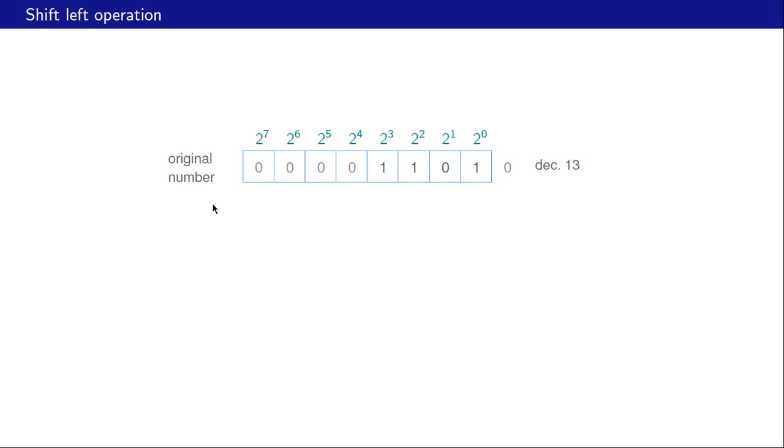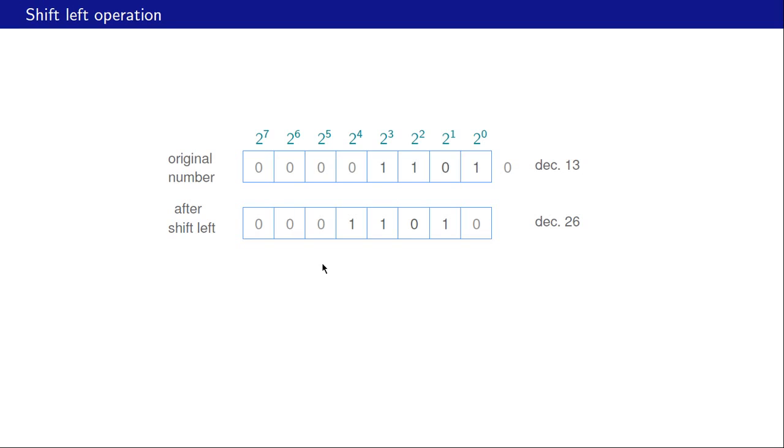Let us consider a binary number 1101 here, and see what happens to it when we perform a shift left operation. This number is 1 plus 4 plus 8, that is decimal 13. This one has a weight of 2 raised to 0. This one has a weight of 2 raised to 2, and so on. And now let us see what happens when we shift it left.